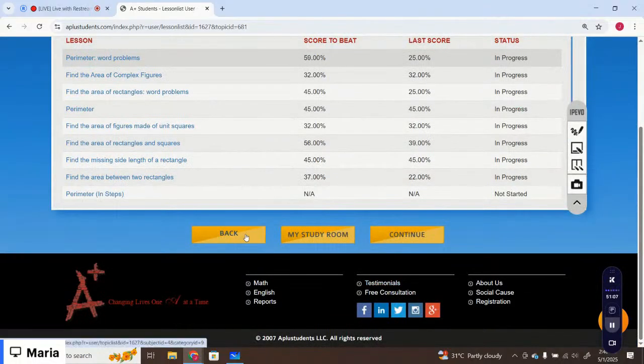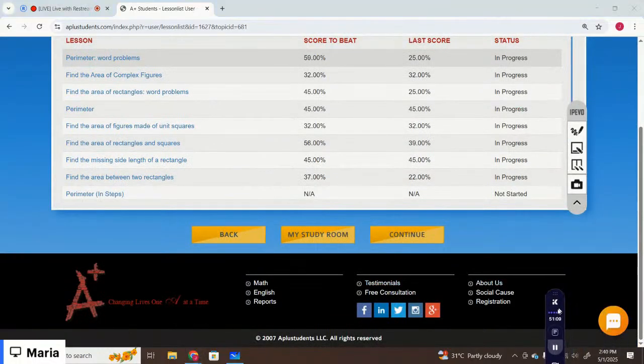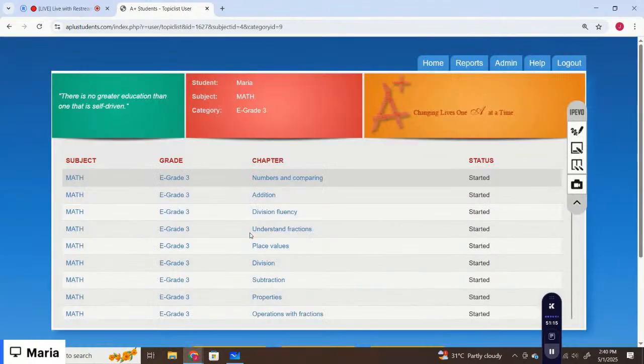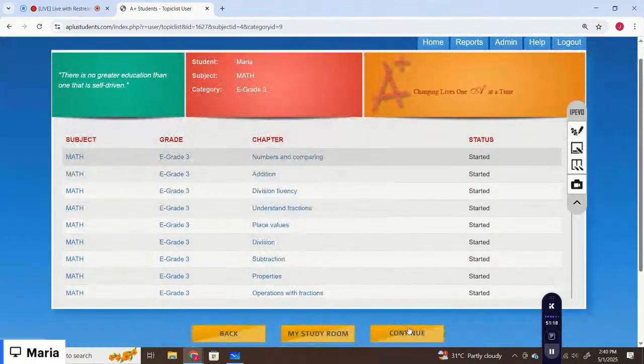So if you need more help with any of the lessons, you can simply click on the live chat button. Here it is. Tutors are available there to help you, or you can write down the question in the chat box.